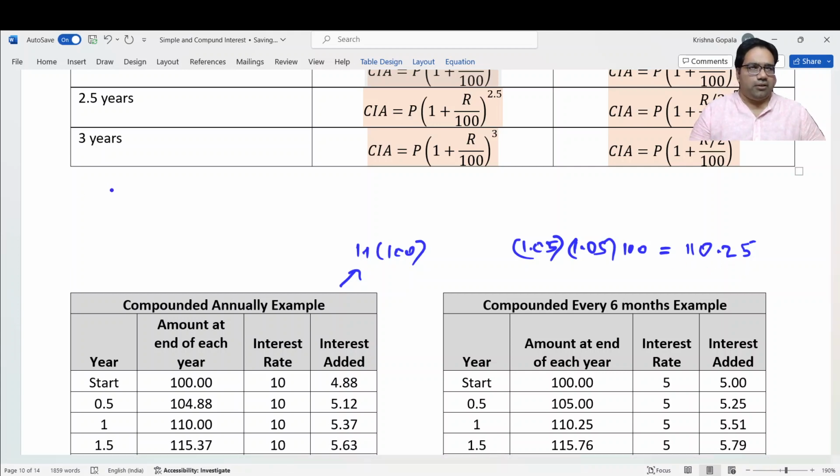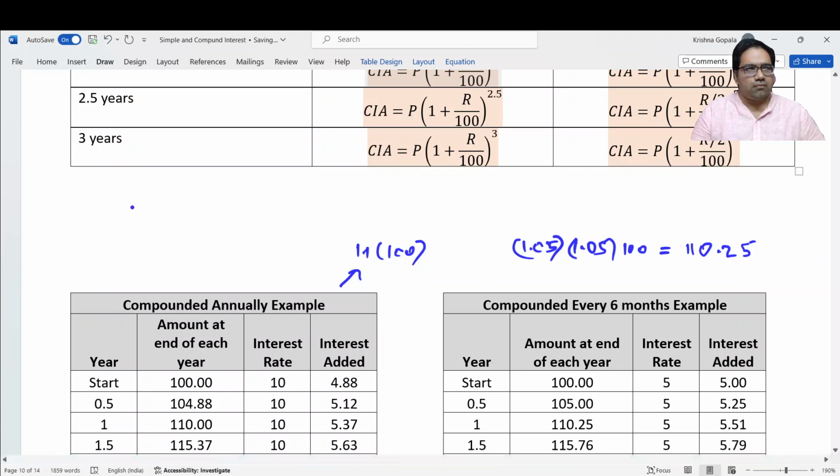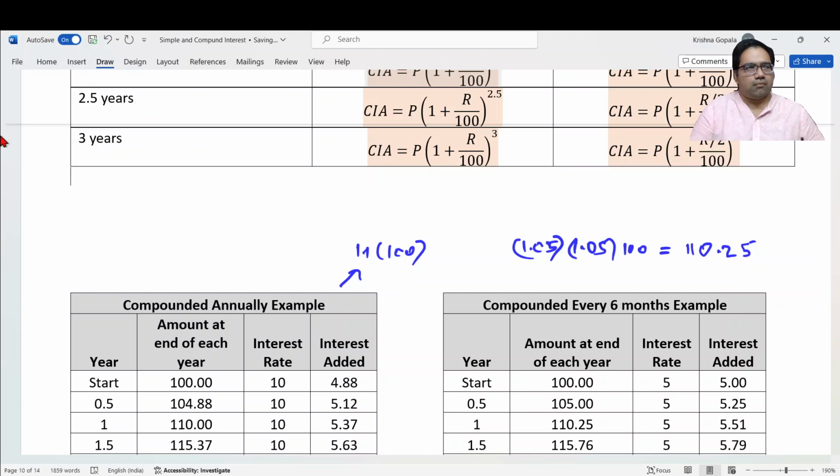Now, let's say it has to be compounded every 3 months.